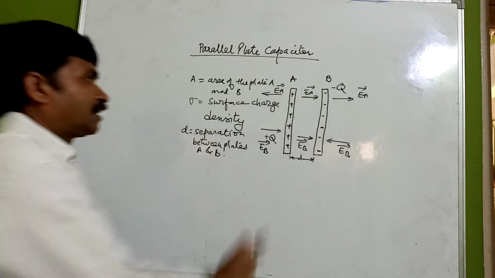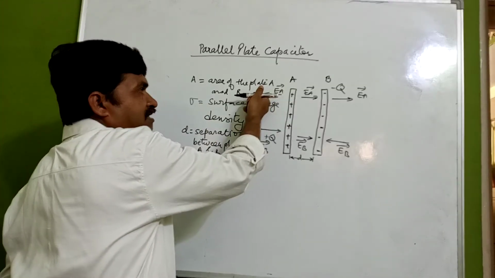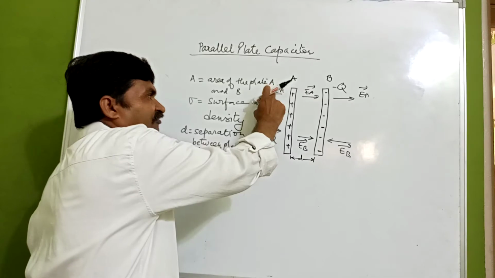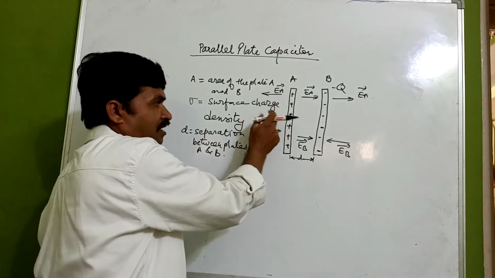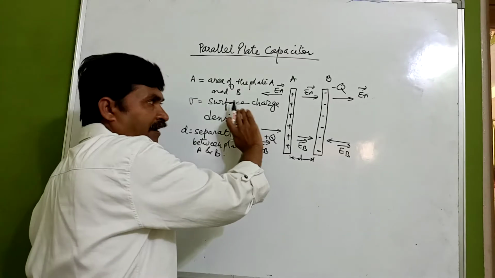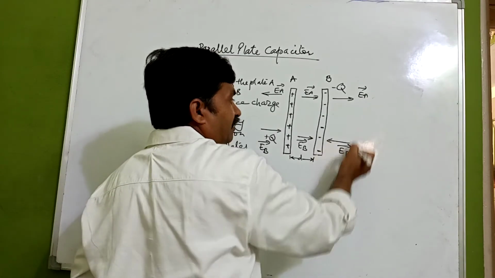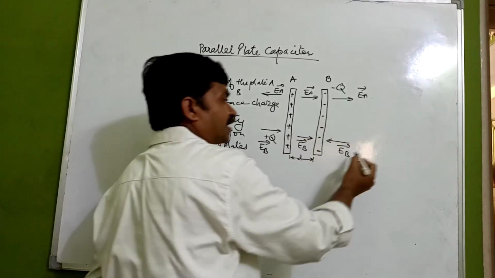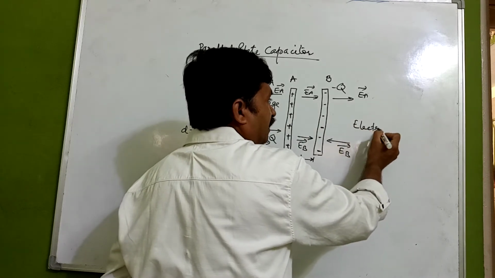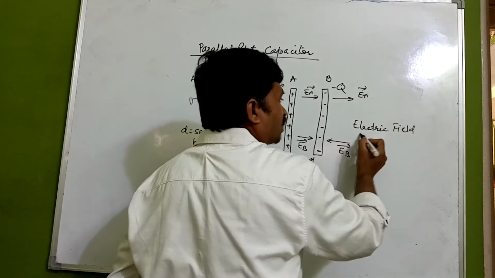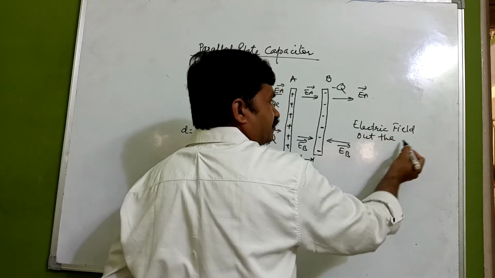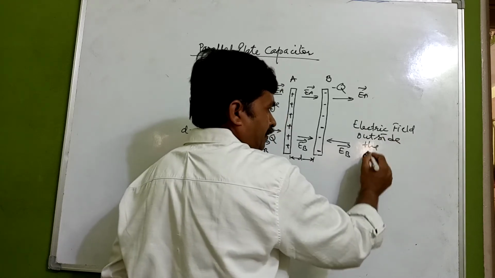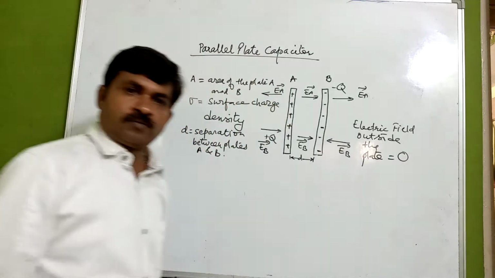Now the electric fields outside the plates are in opposite directions, and both plates have been given the same charge, so they get neutralized. Outside the plates, the electric field is 0.